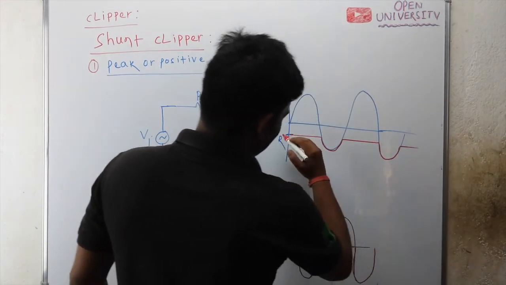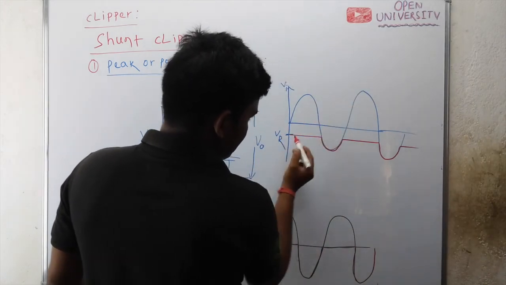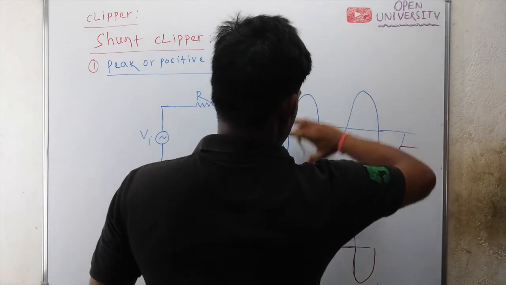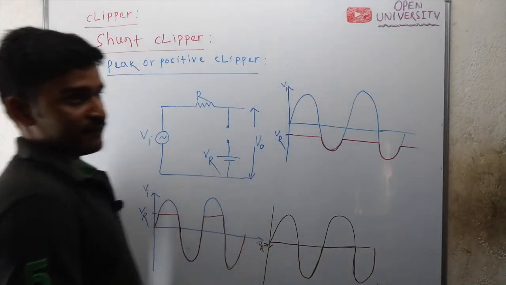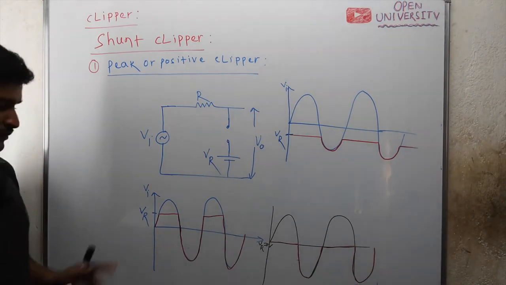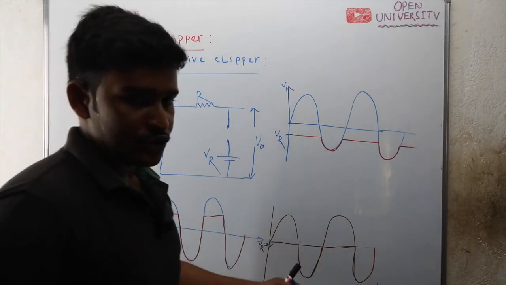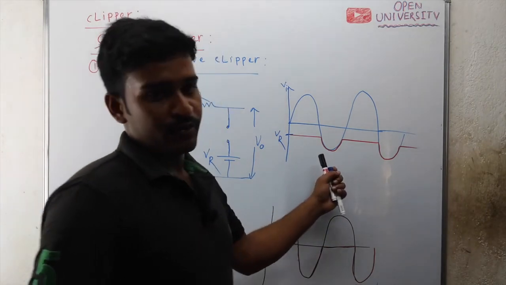It will remove that part of the signal which lies above the reference voltage. Above the reference voltage, it will remove those portions of the graph. This is when VR is positive, this is when VR is 0, and this is the output waveform when VR is negative.